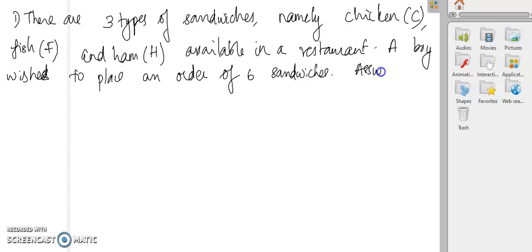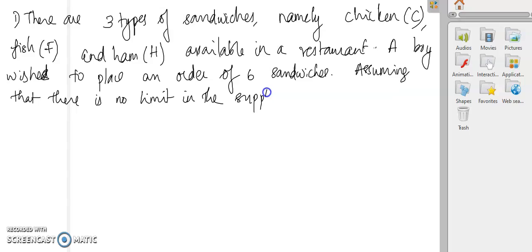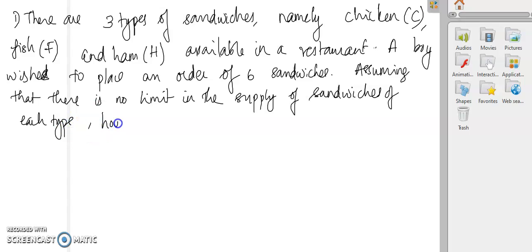Assuming that there is no limit in the supply of sandwiches of each type, how many such orders can the boy place?